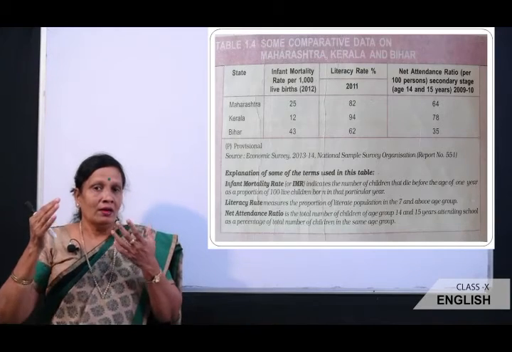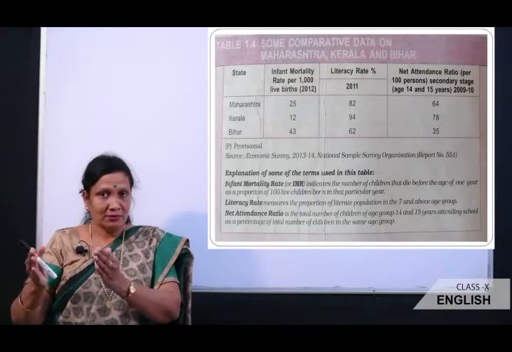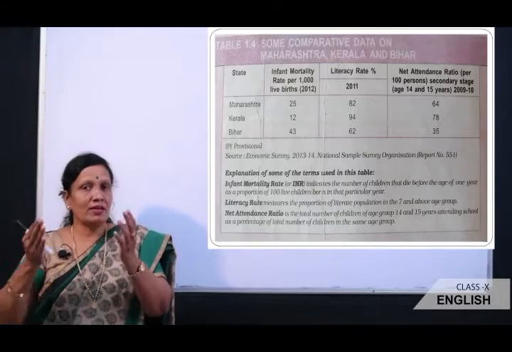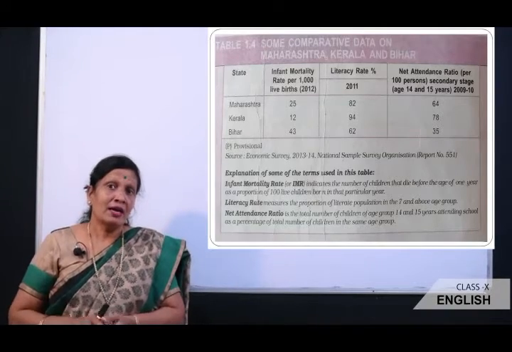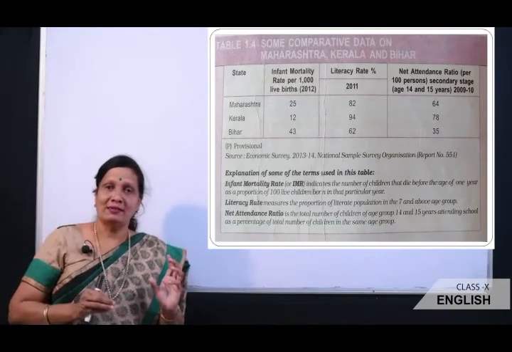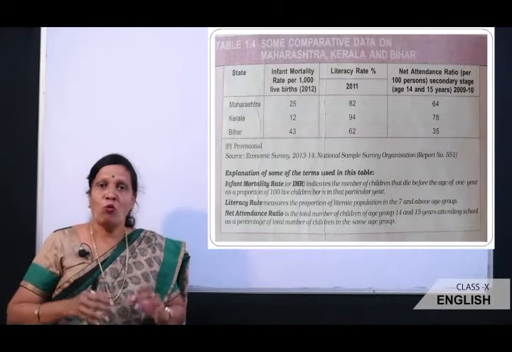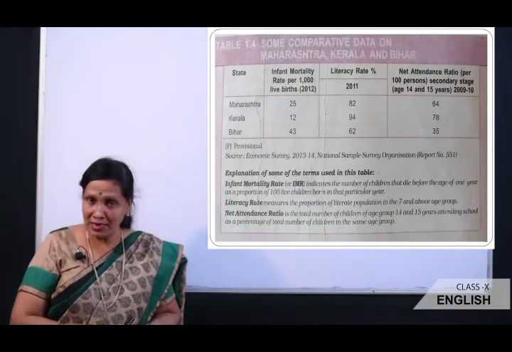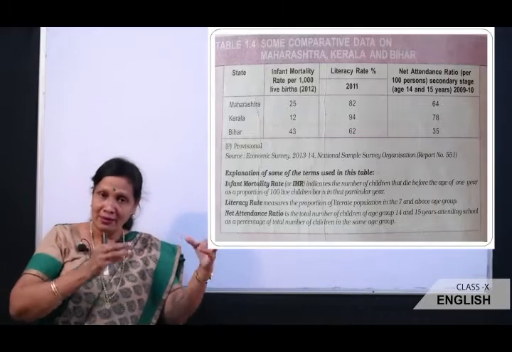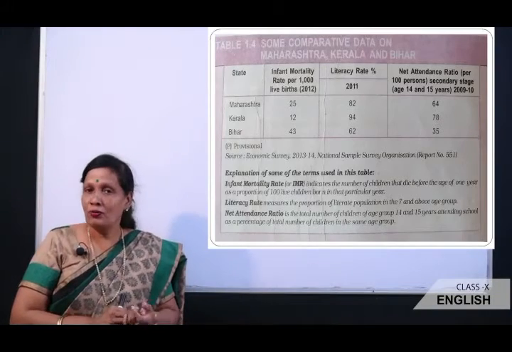Then once you begin, in a creative way, and start comparing, maybe you can analyze and write the facts. Why is the literacy rate more in Kerala, and why is the infant mortality rate less?